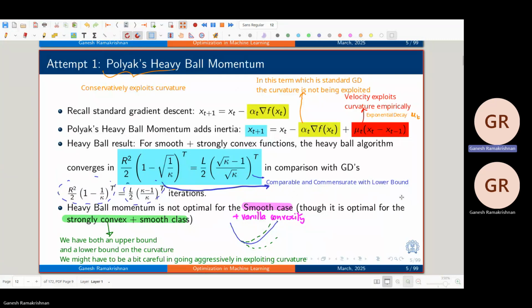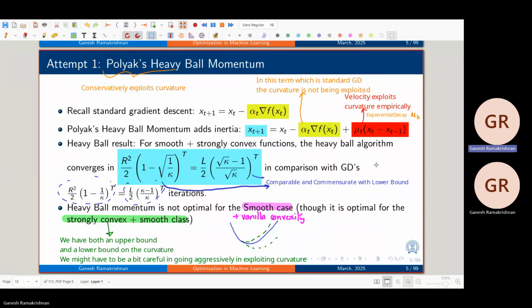It's comparable and commensurate with the lower bound for the smooth plus strongly convex case. One reason why we think it may not be the best for the smooth plus convex case is because here the gradient component is not exploiting curvature. You're computing the gradient before looking at the momentum. That could be a reason.